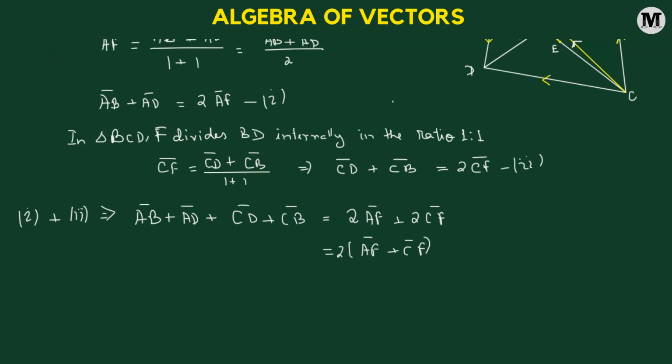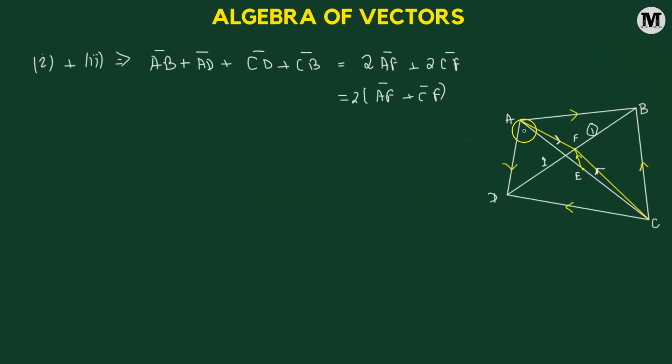Let's go to the diagram. We're going to label this as number 3 for the time being. We'll come back to this in a moment. Now here let's consider the triangle ACF. Here it's already given in the problem that E divides AC in the ratio 1:1.